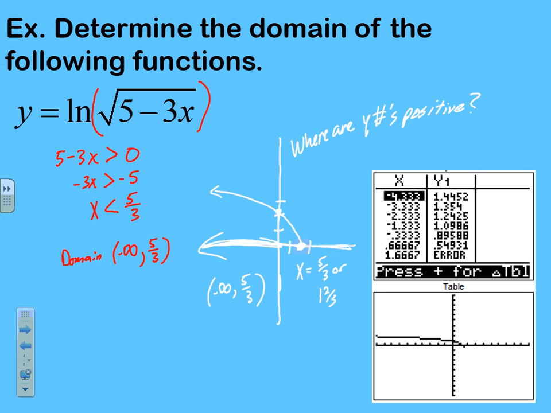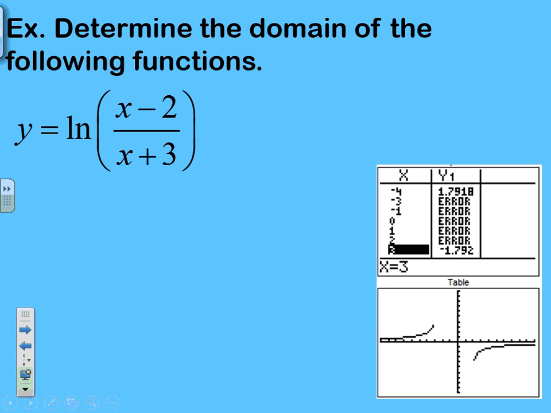So the last one here, and this is another one where seeing the graph of the function contained in the parentheses is, I think, going to be pretty helpful.